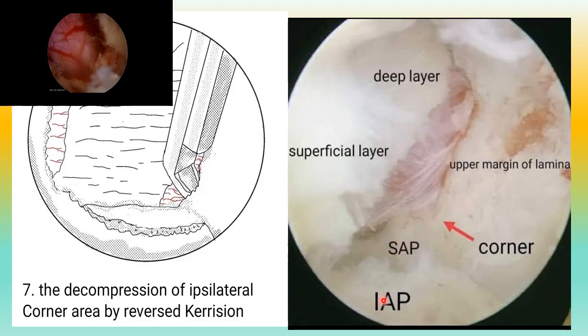This is SAP, IAP, the upper margin of the lower lamina, and this is the deeper layer, this is the superficial layer. And here the root exists. It's a traversing root. Sometimes it is there, so you can approach from here.